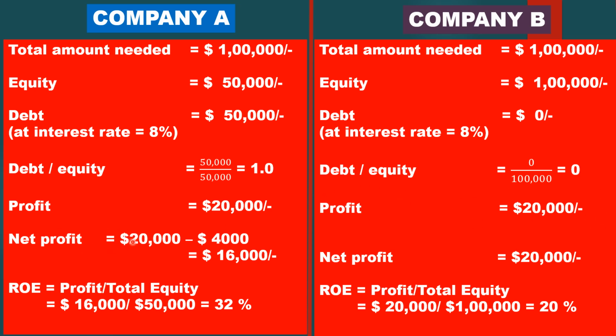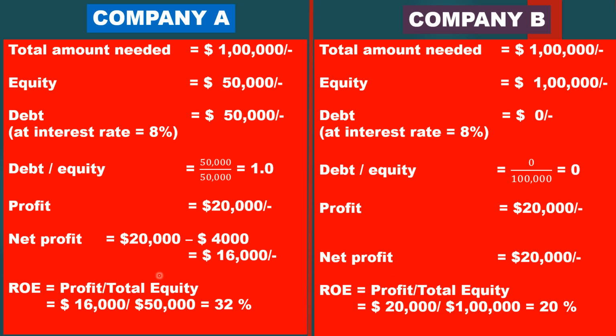Now net profit, here net profit 20,000 rupees. Here, since company A has borrowed loan, they need to pay interest at the rate of 8%. Therefore, 20,000 minus 4,000, that is equal to 16,000. Okay, so this is the net profit after subtracting debt and liabilities.